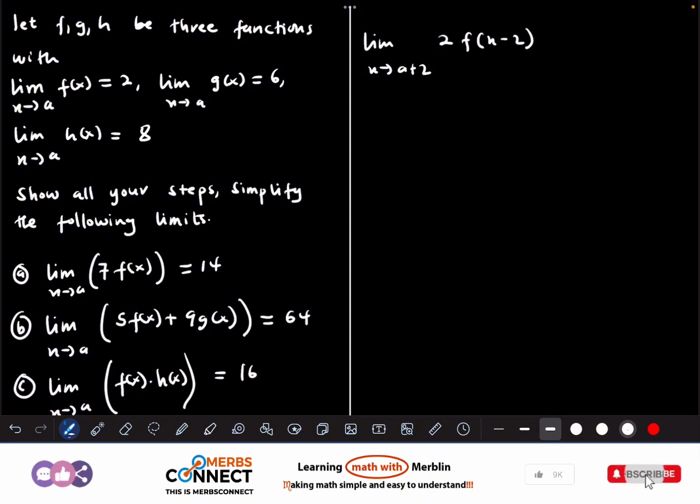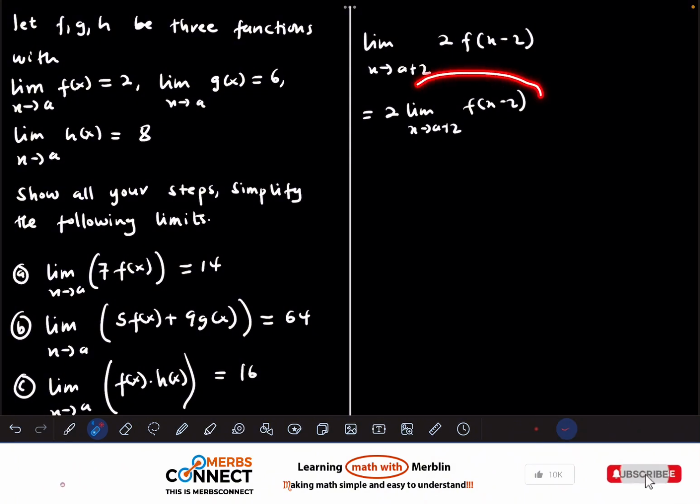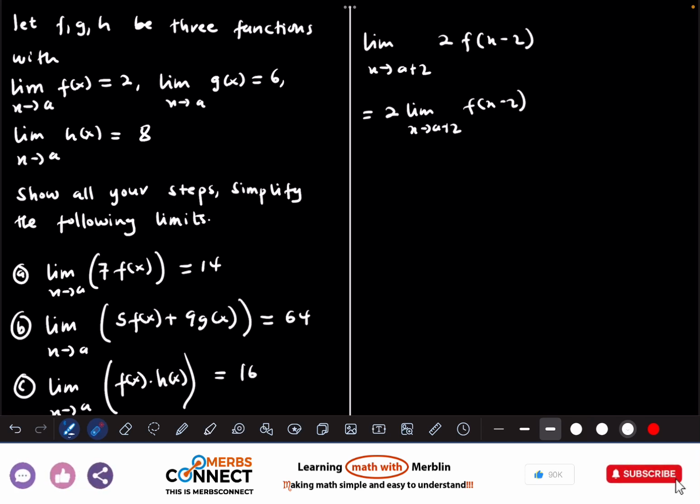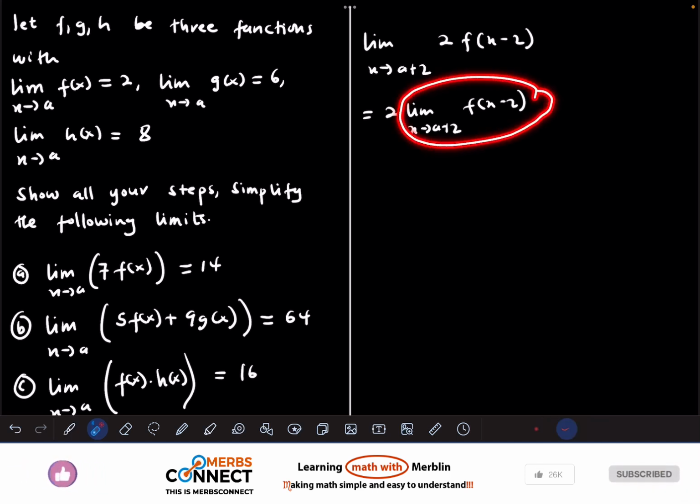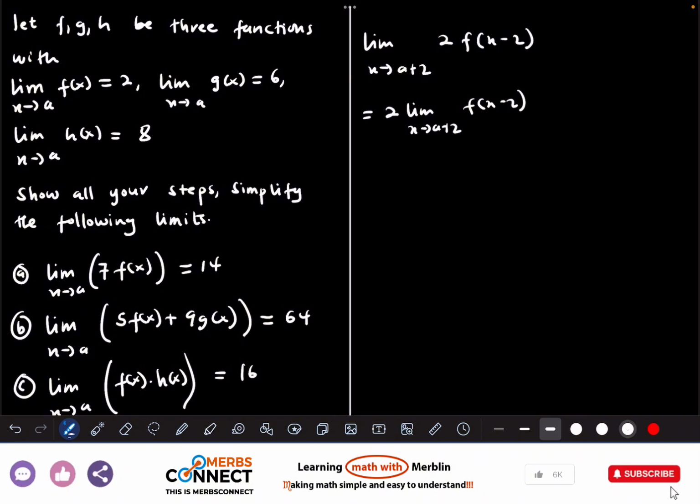So first we can see that we have this property, the constant multiple rule. So constant multiple rule is 2 out, x is approaching this, then f of x minus 2. Now this is the one that I'm looking for. So what property is that? So you put your comment. So this is what I'm looking at. What will be the property? So write it in the comment section.